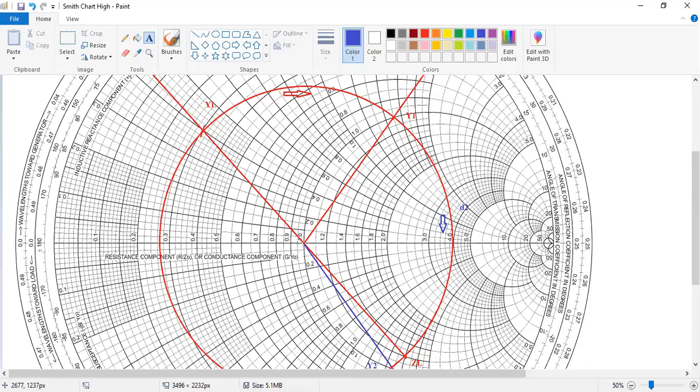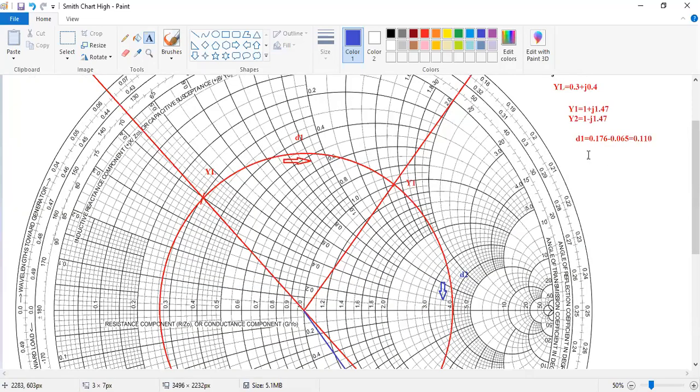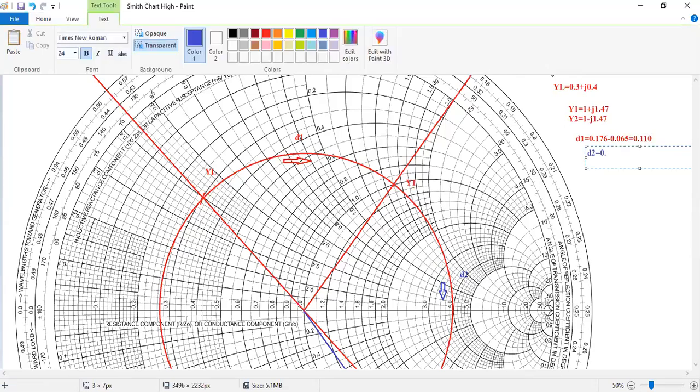Your YL is 0.065 and this one is 0.324. So now go for D2, that is 0.324 minus 0.065.